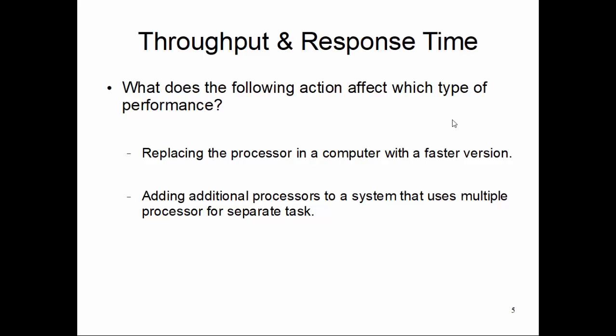The second scenario is that the processor remains the same, still running at 1 gigahertz, but in the computing system we are adding additional processors, 2, 3, 4, 5, it doesn't matter for our discussion, each with the same speed of 1 gigahertz like the older system, but now I have more processors in my hand. Which one will affect response time and which one will affect throughput in the overall computing system?